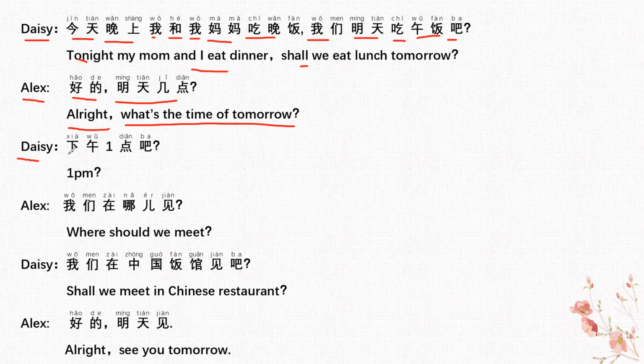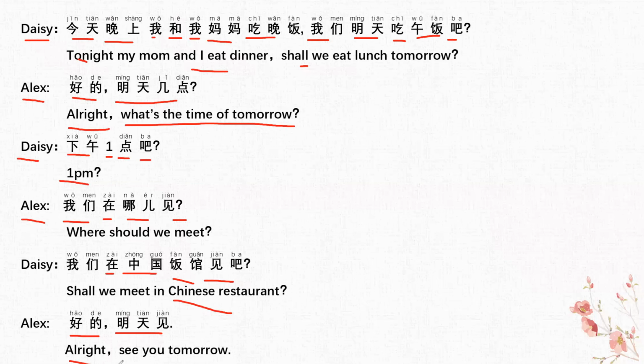Daisy, 下午1点吧。1 p.m. then? Alex, 我们在哪儿见? Where should we meet? Daisy, 我们在中国饭馆见吧. Shall we meet at a Chinese restaurant? 好的，明天见。Alright, see you tomorrow. That's the conversation.